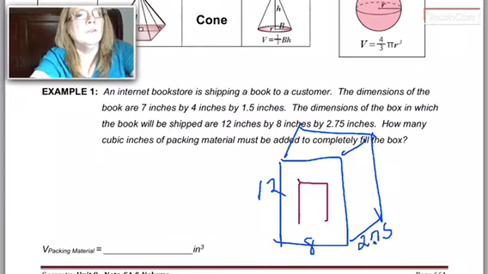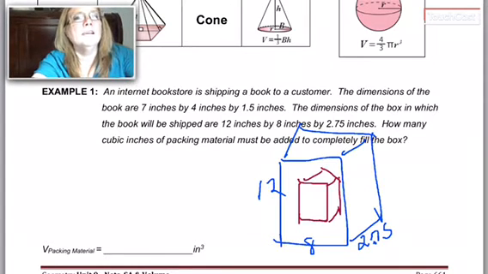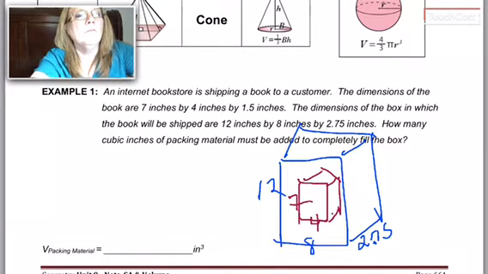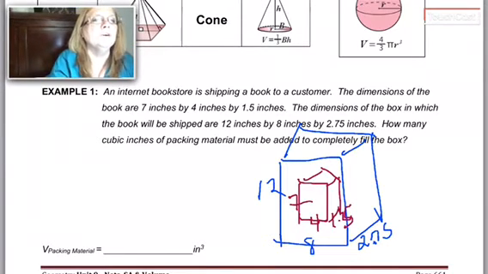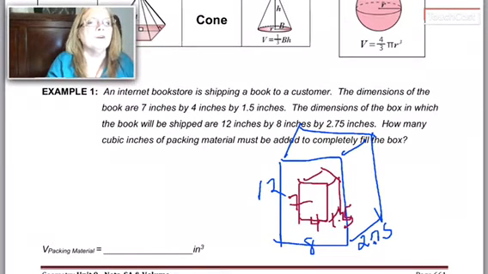Let's see if I can draw that. Not too bad. And so the book is 7 inches by 4 by 1.5. Okay, so what we need to do is we need to find the volume of both of those, and then we're going to subtract.